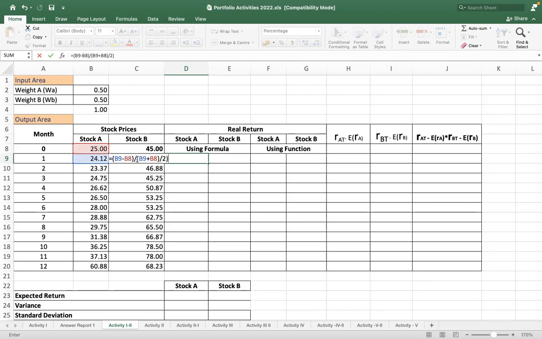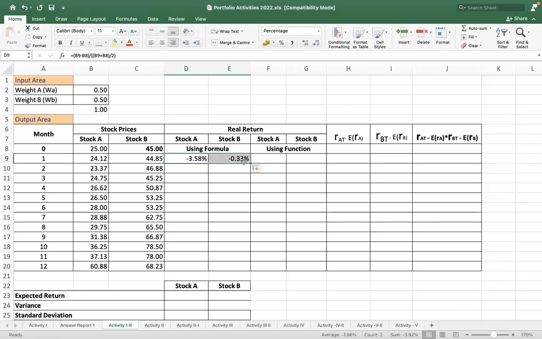Then both should be brought in the bracket. Right, then press enter.